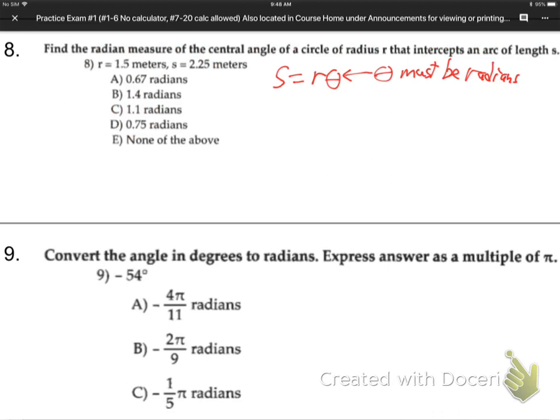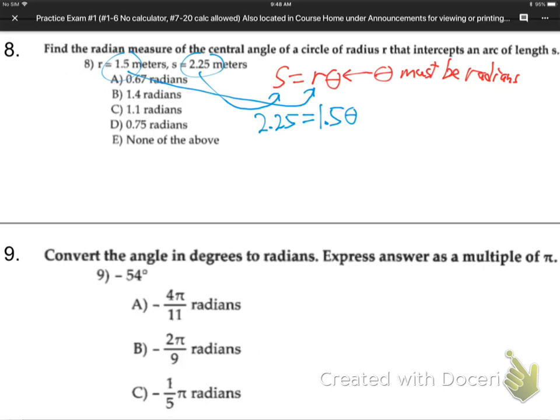Okay, so getting back to it. They're saying S equals R theta, so use that formula. S, which is 2.25, right there. 2.25 equals R, 1.5, times theta. Good, so I just plugged in the S, plugged in the R, and now I can solve that equation for theta.